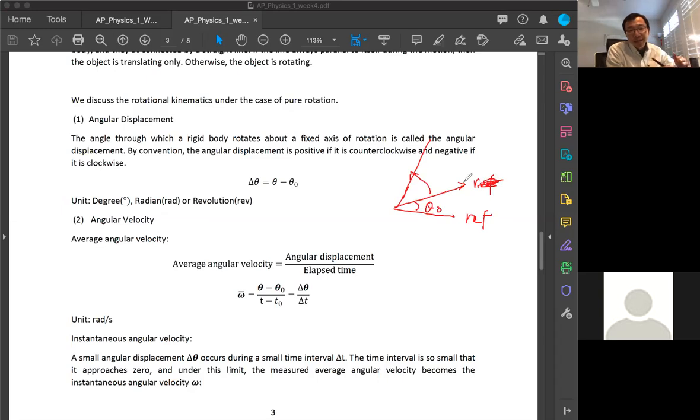We define the initial angle as theta naught, and now it has been rotated to a new location, theta, right? So the angle rotated, delta theta, is the angular displacement, right?